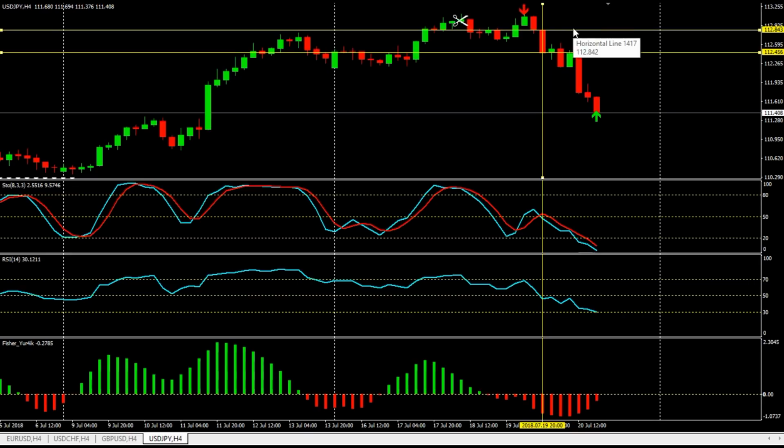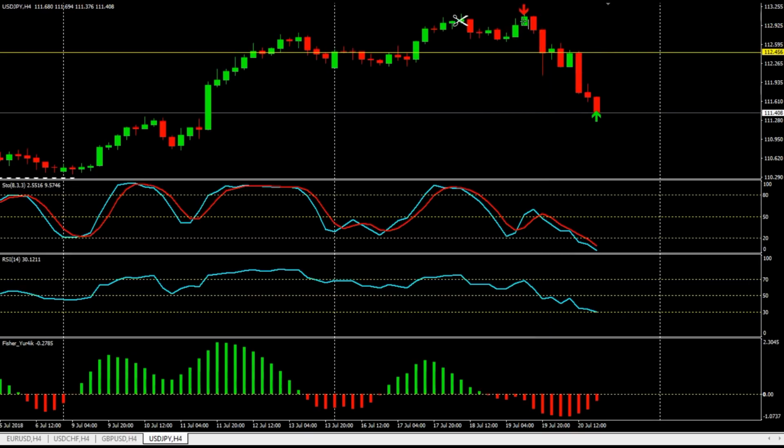Let's get rid of this line. Here. So I will go short here, and then I will place my stop loss 5 pips above the high.